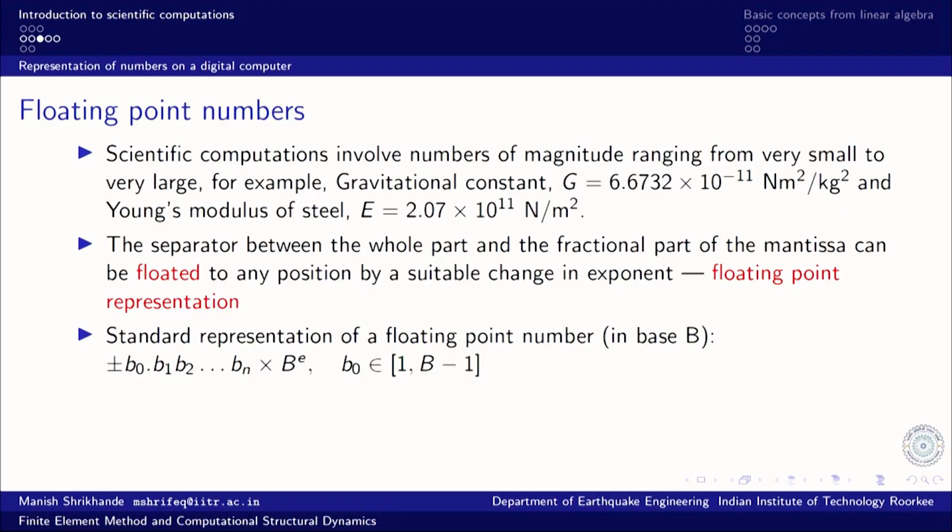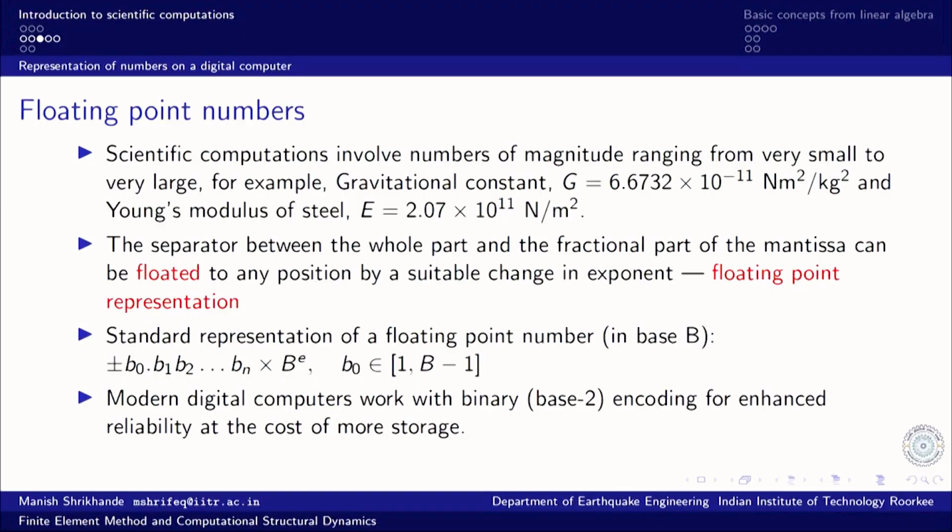So, 0.66732 multiplied by 10 to the power minus 10 is not a standard representation. The standard representation is 6.6732 multiplied by 10 raised to the power minus 11. So, this is the floating point representation in base B.